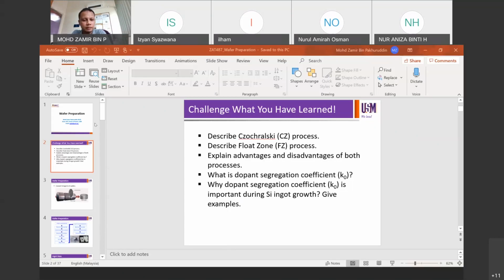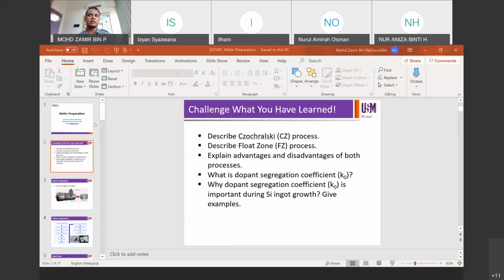Apa beza yang menyebabkan the oxygen and in fact carbon is higher in CZ compared to FZ? So the keyword is contact, okay, contactless and contact punya process, right?